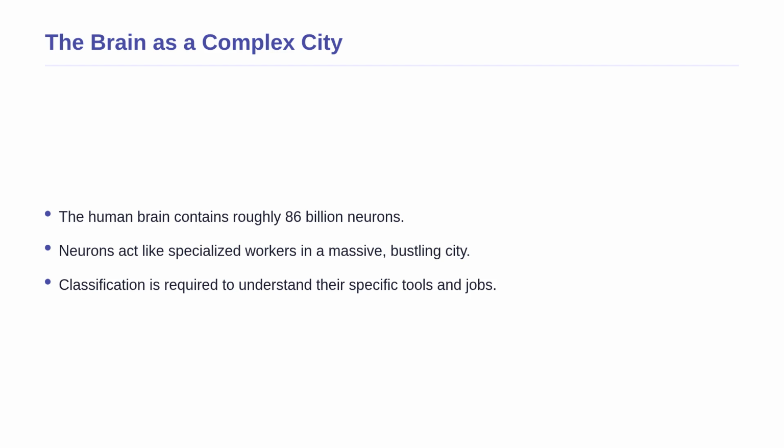You would classify them by their specific tools and jobs. The human brain is exactly like this complex city, containing roughly 86 billion workers called neurons. To understand how we think, feel, and move, we must first classify these neurons into distinct categories based on their unique shapes and roles.